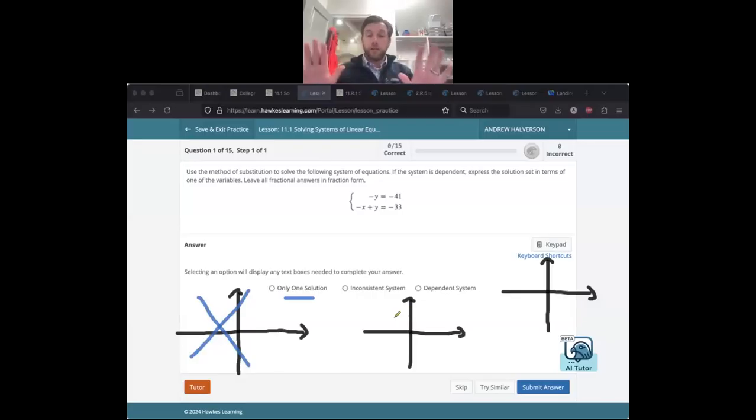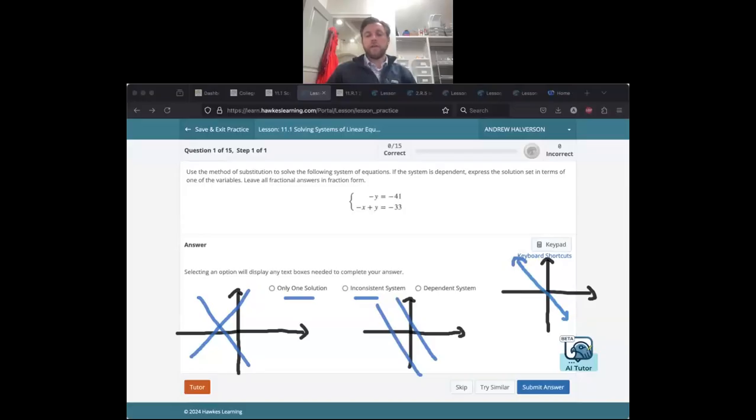Remember, in systems of equations we're looking for the point of intersection. So if it's inconsistent, there's no solution, meaning the lines never cross, meaning they're parallel. Inconsistent means parallel. And dependent means that they hit at every spot, so the two lines are actually the same line.